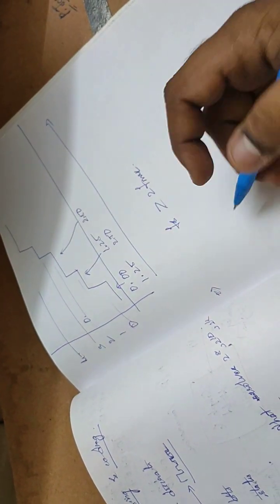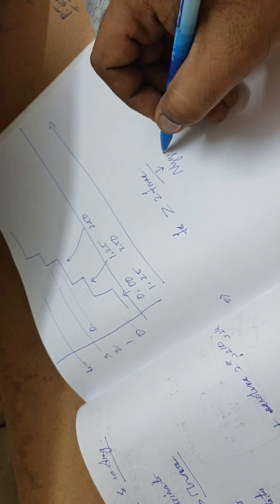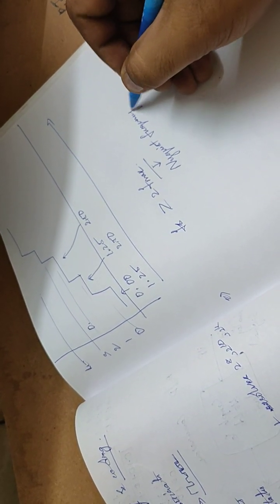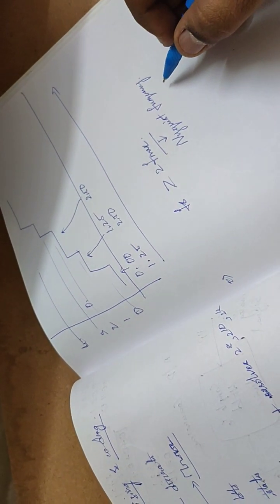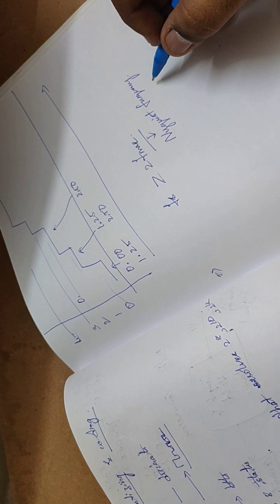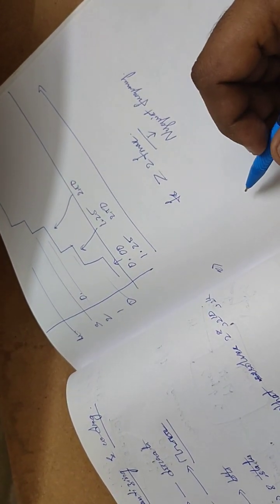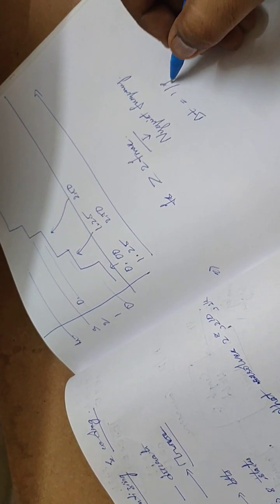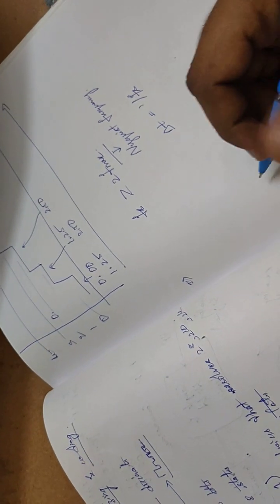Now, where Fmax is the Nyquist frequency, that is the highest frequency component in the input analog signal. The time period between digital samples is delta t equals 1 by Fs, that is inversely proportional.